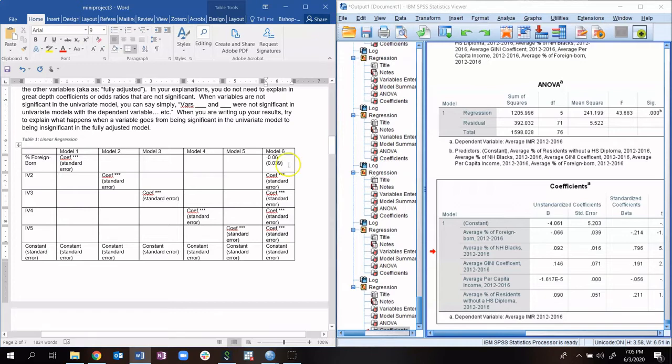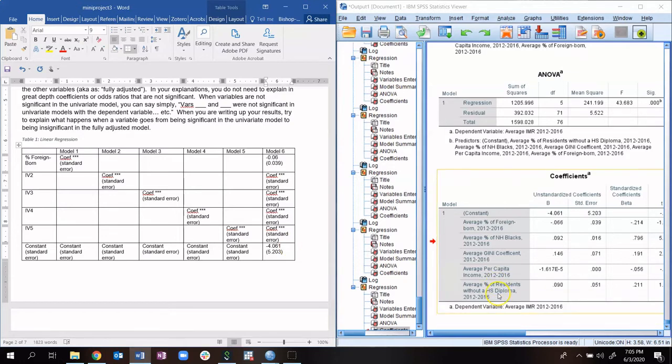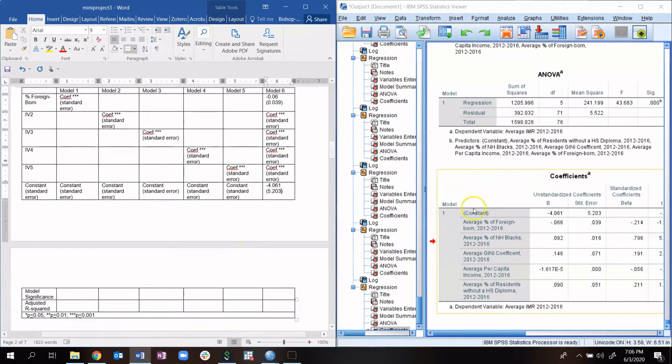The constant for this is going to be in the bottom row here. So let's grab this one. It's going to be negative 4.061. And we're going to grab the standard error, which is 5.203.